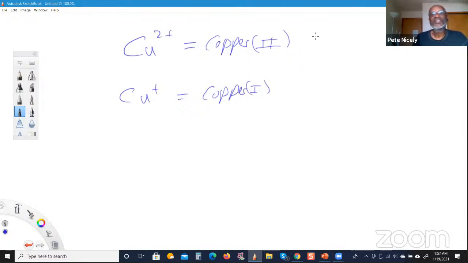So for example, when copper 2+ combines with chloride, it forms CuCl2, right? When copper 1+ combines with chloride, it forms CuCl. These are two different compounds. The name of this one is copper(II) chloride.